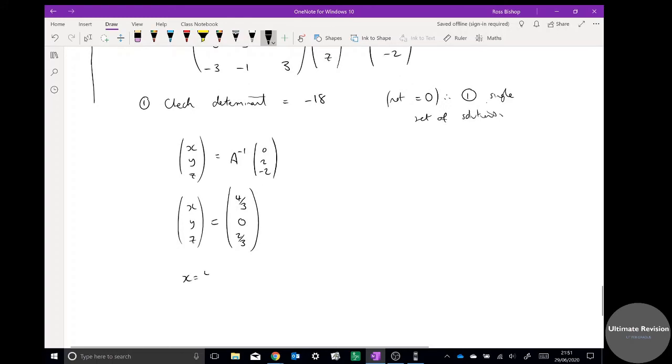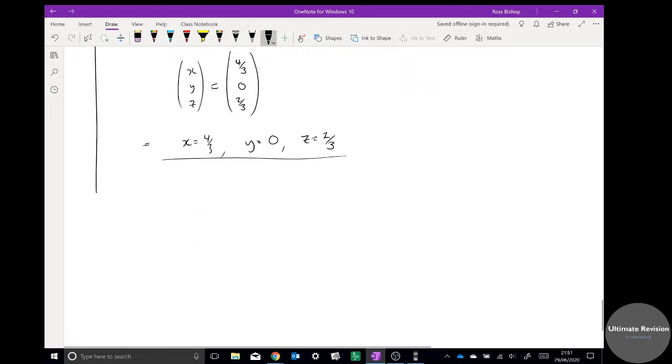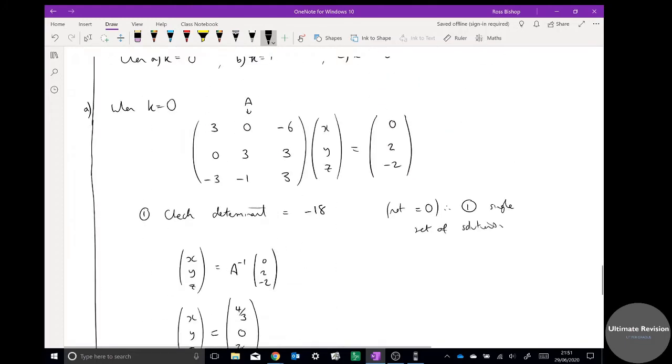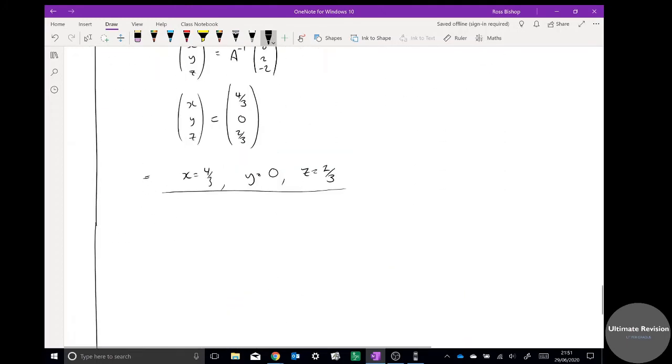So x equals 4/3, y would equal 0, and z would equal 2/3. And that's my answer when k is equal to 0. Okay, so the next option was when k is equal to 1.